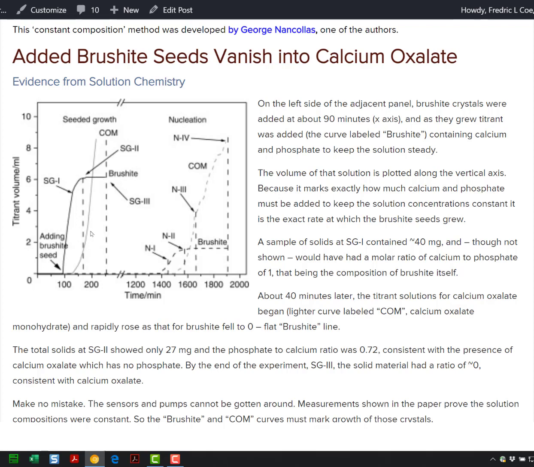It's that you made the brushite and the crystals turn from brushite to something like a mixture of calcium oxalate and brushite. That's that ratio of 0.72. And at the end, it's nothing but calcium oxalate. All the solids are now a ratio of 0 phosphate. So you didn't just make calcium oxalate, you unmade the brushite.